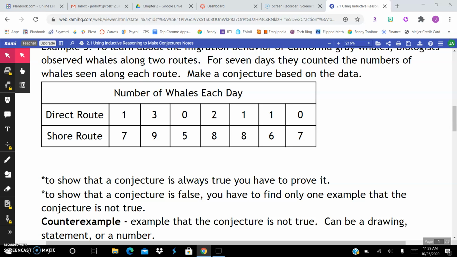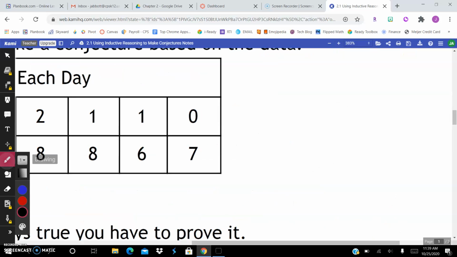But if you look at the shore route, that means the whale stayed closer to the shore, and maybe that took longer. But if you look at those numbers, they've seen a lot more whales going on the shore route. So that is our conjecture. More whales took the shore.